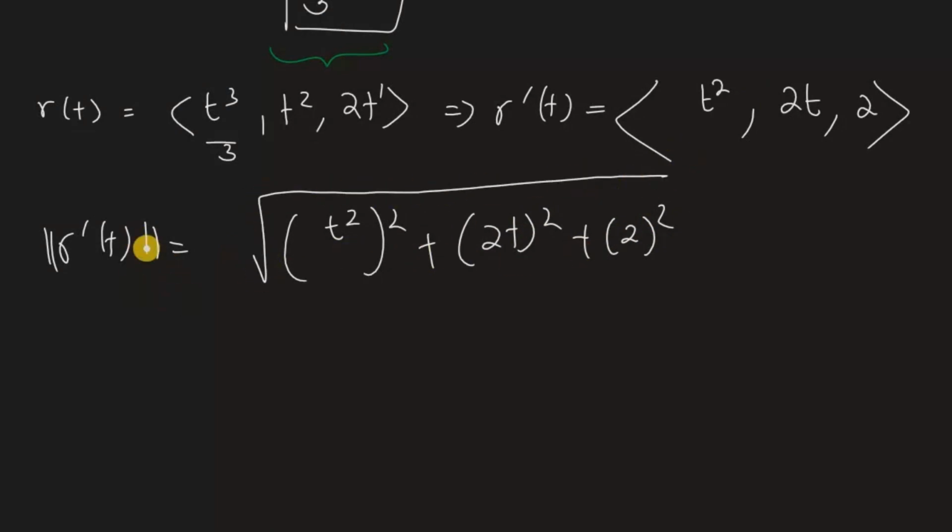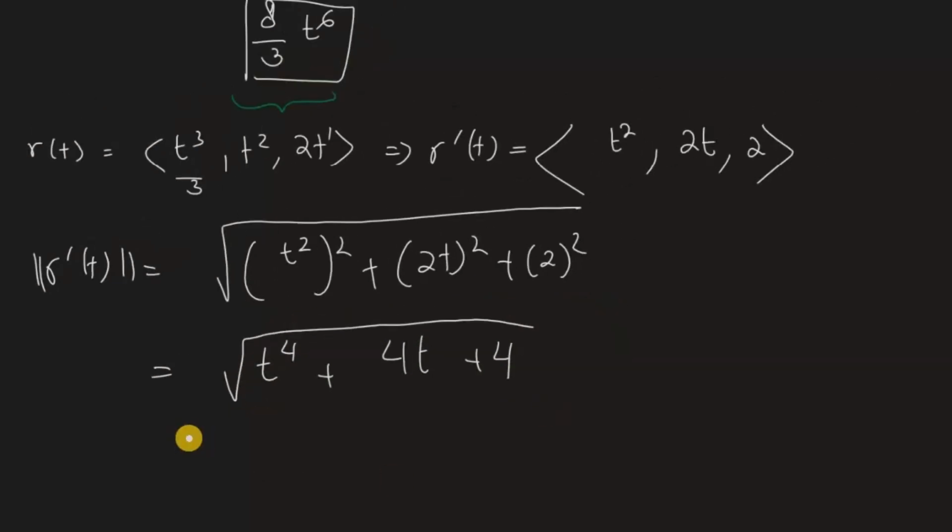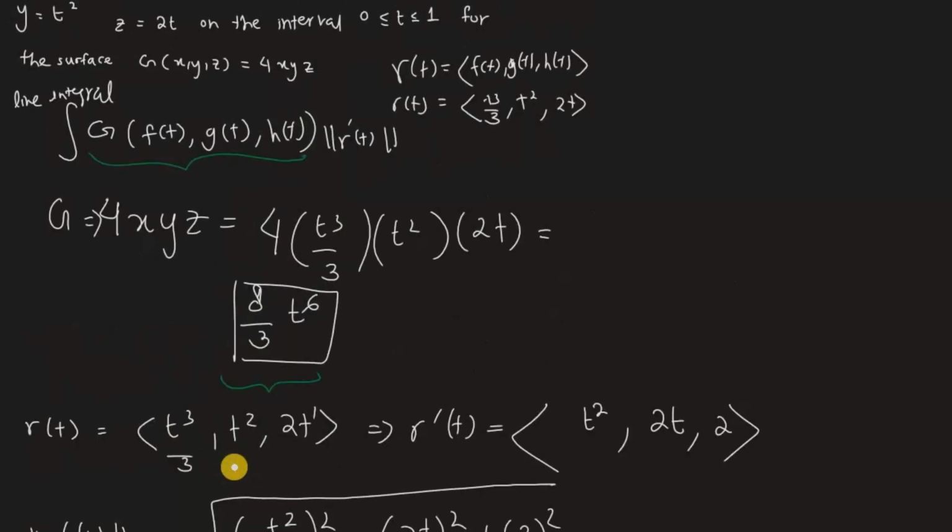What does this give us? That is the square root of t to the power of 4 plus 4t squared plus 4.